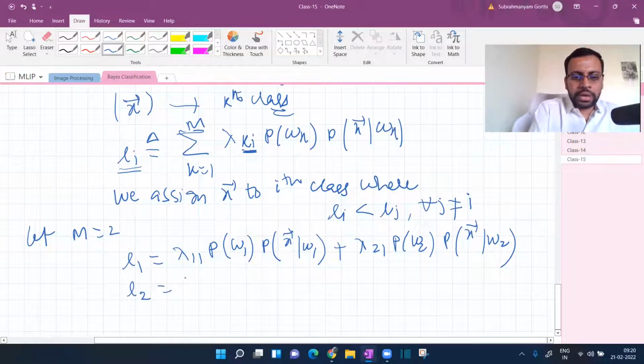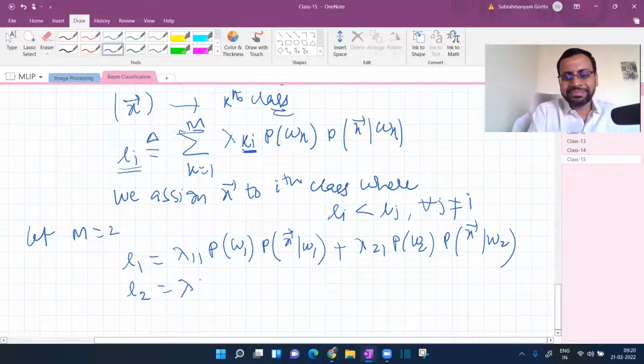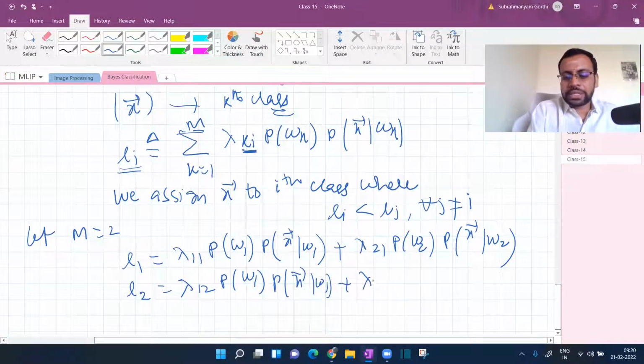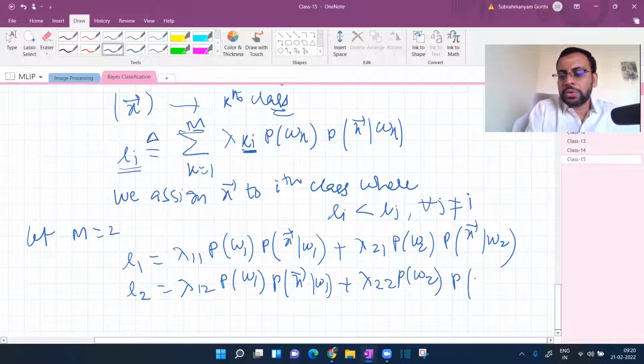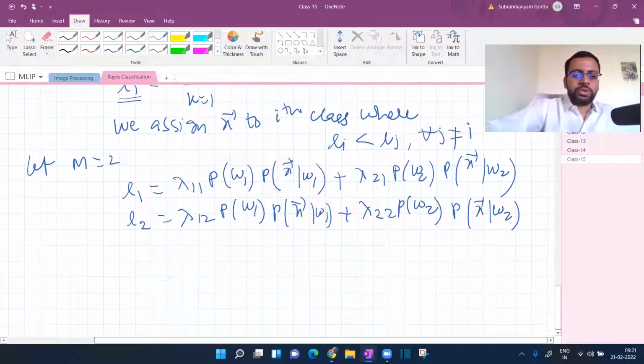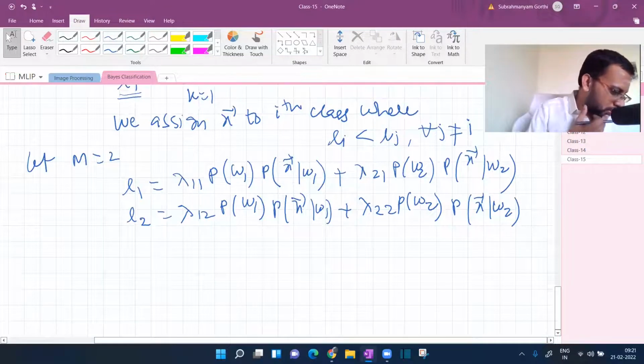Lambda subscript 1 2, probability of omega 1, of course the same thing will be there, plus lambda subscript 2 2 into probability of omega 2 into probability of x bar given omega 2.